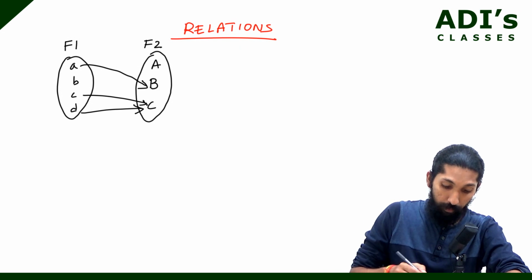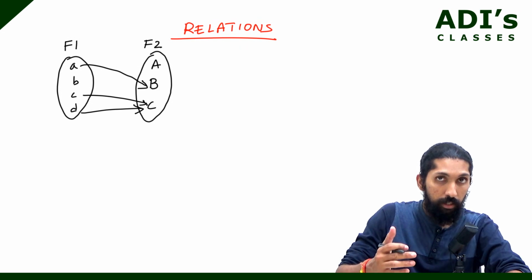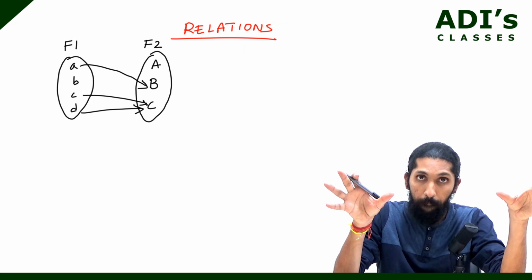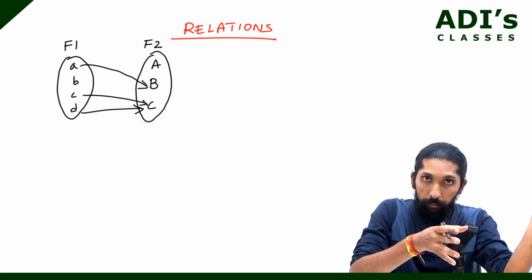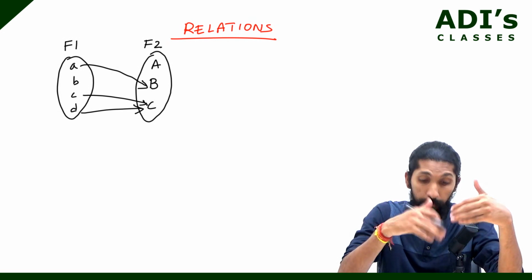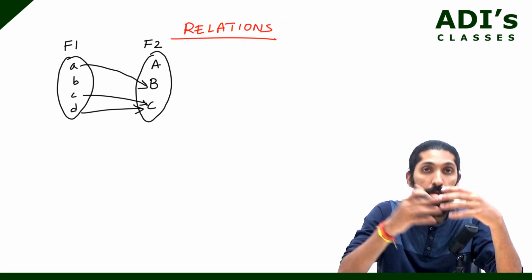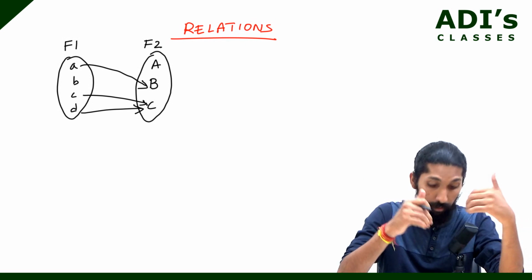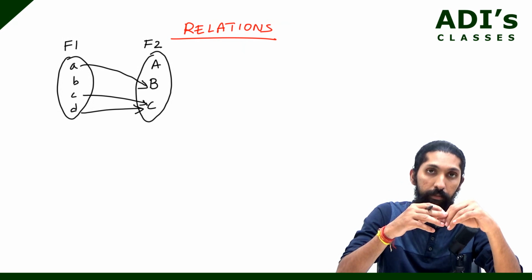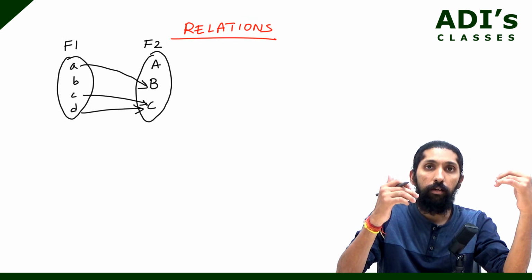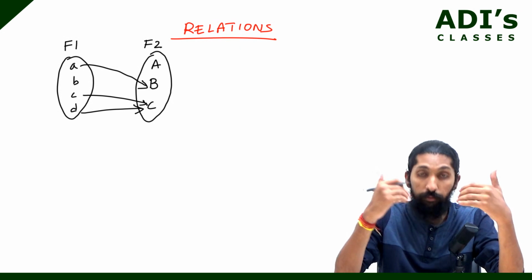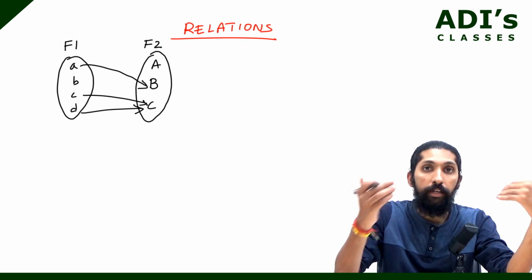So here, what we are trying to find is a relation between two sets, isn't it? Set 1 is one family, set 2, that is F2, is another family, F1 and F2. Now, if you say that A is the brother of capital letter B, then the kids of A and the kids of B are related to each other.